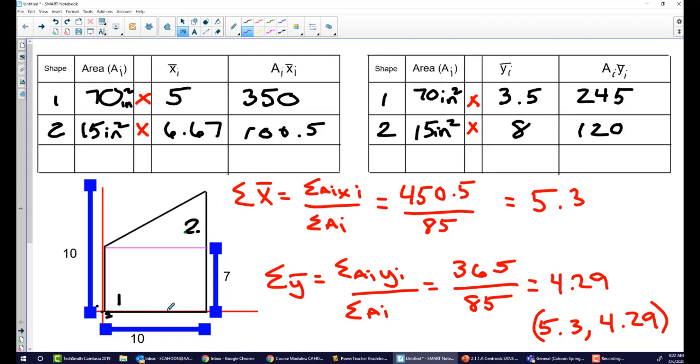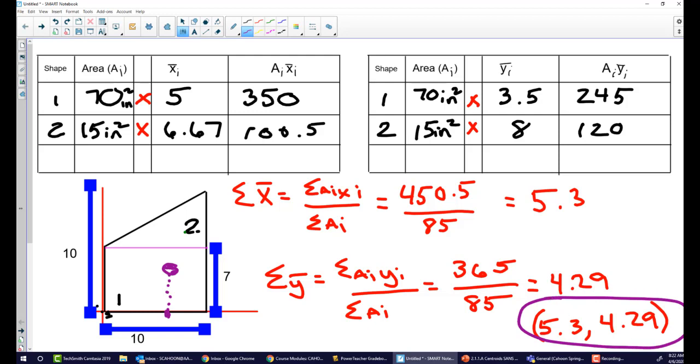Halfway is 5, so 5.3 is about here. And for 4.29, 3.5 would be about here. So about here is our centroid of that shape. Okay, so 5.3, 4.29, and that's the final coordinates of our complex shape.